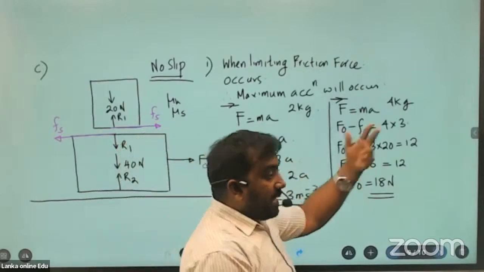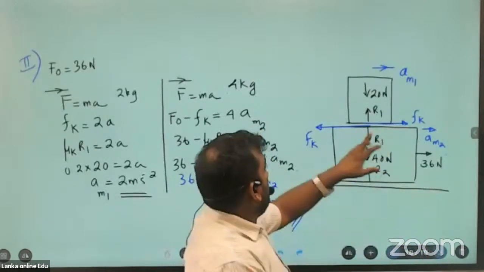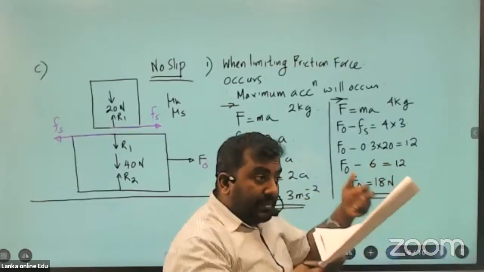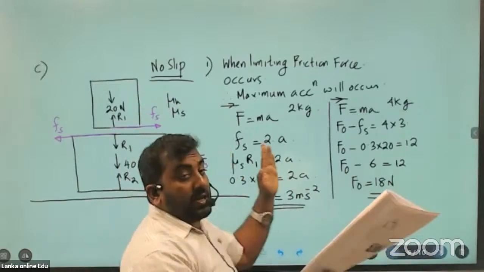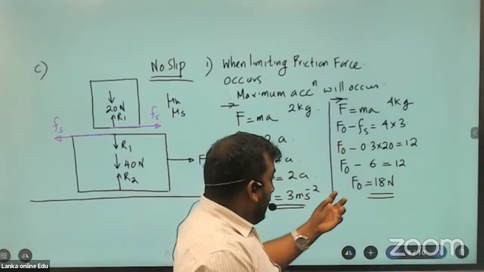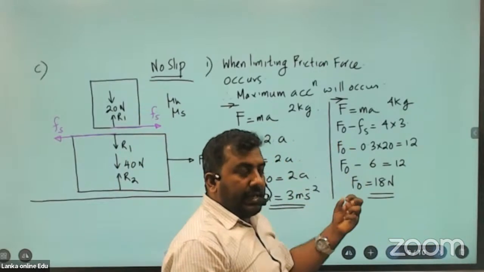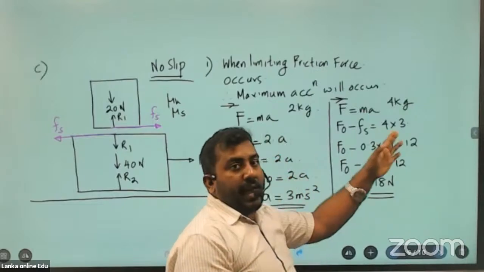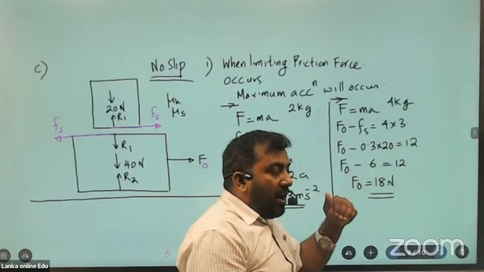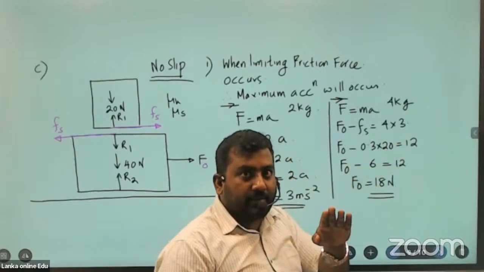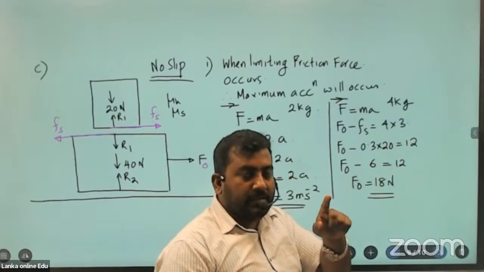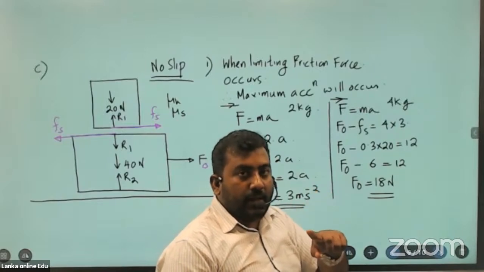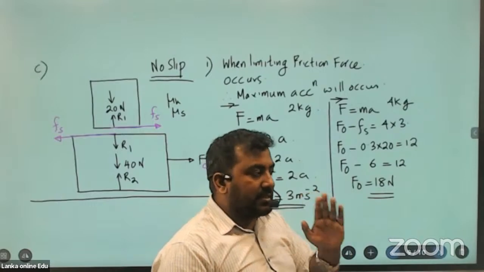When F naught is doubled, dynamic friction. If F naught is halved, which is 9, it was a static friction but not limiting friction. It's just static friction.